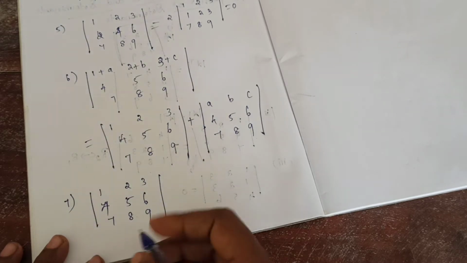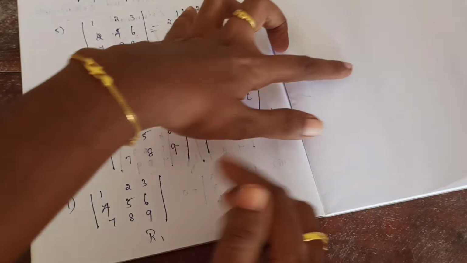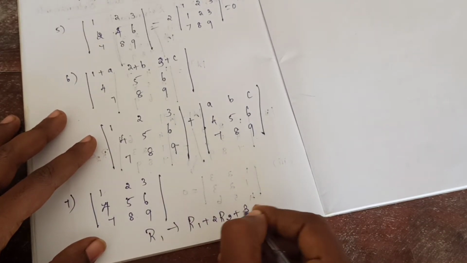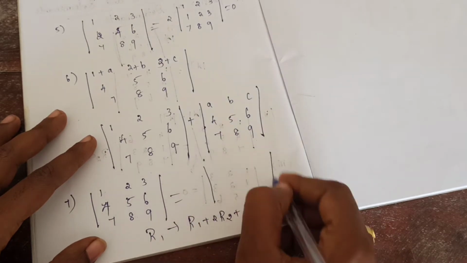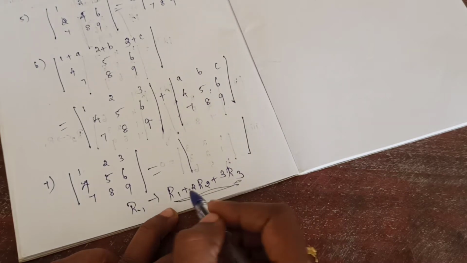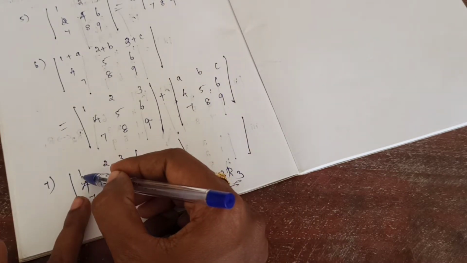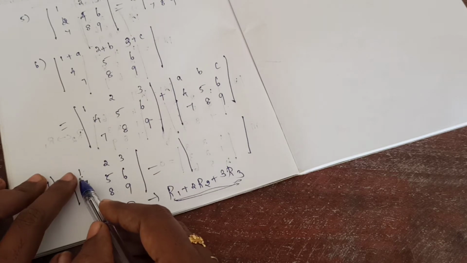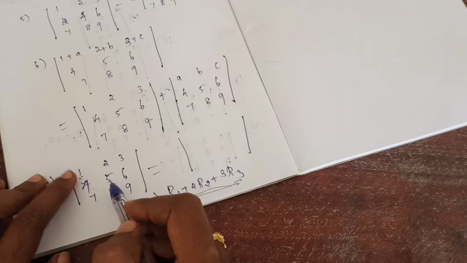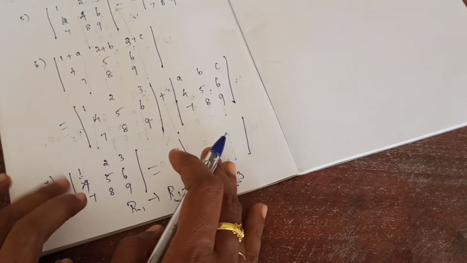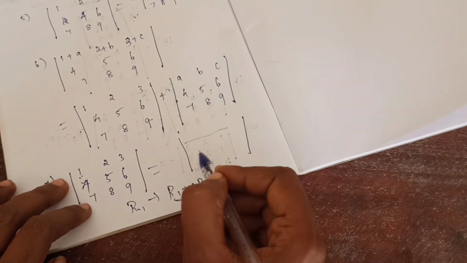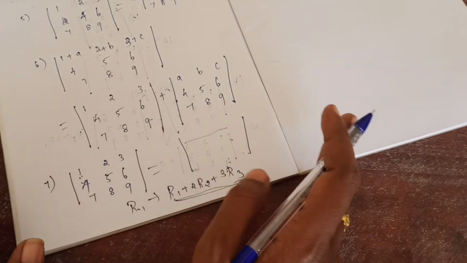Here what they are saying is, I can replace R1 with R1 plus 2R2 plus 3R3. This determinant must be equal. If I replace R1 using this condition, R1 plus 2 into R2 plus 3 into R3, with R2 and R3 the same, the value won't change.